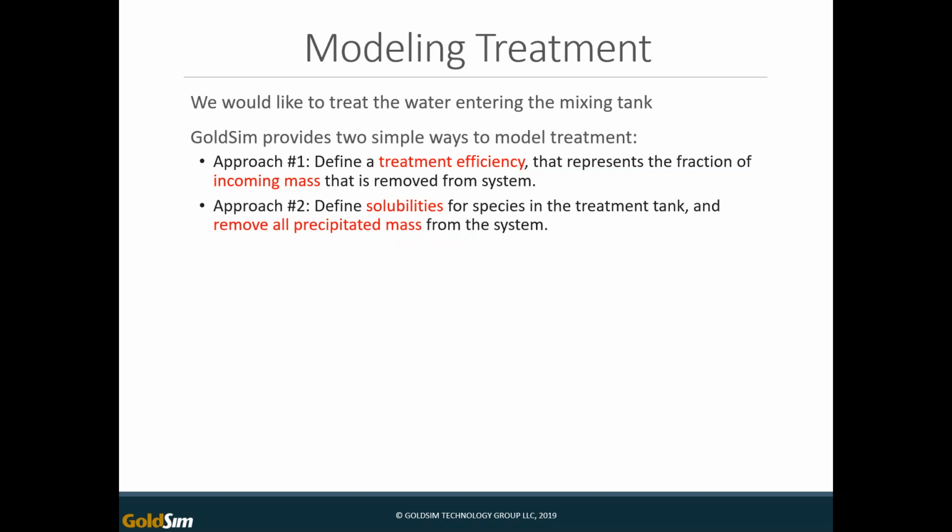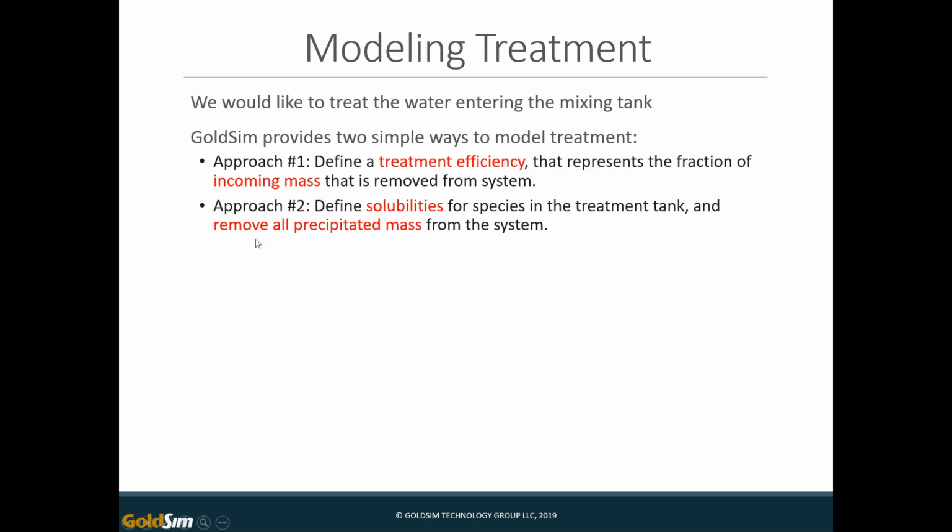I'm going to assume that magic happens in that tank, and 99% of this species is removed, and 95% of this species is removed, and 50% of this species is removed. We're not specifying what that magic is. We're just saying magic occurs, and this is how much mass is removed. That's the first way we can approach this.